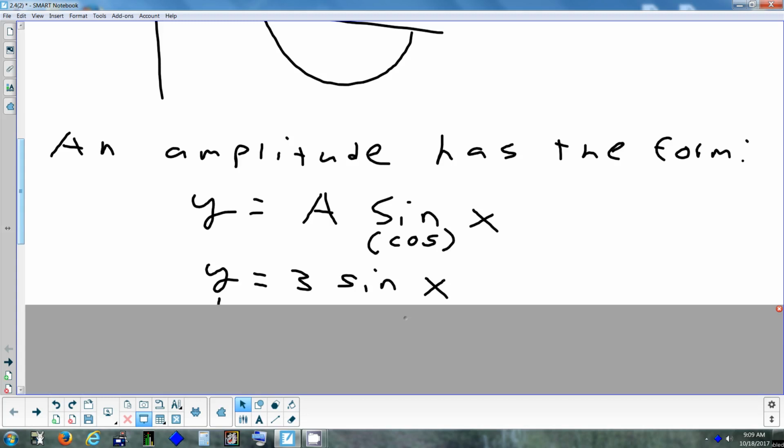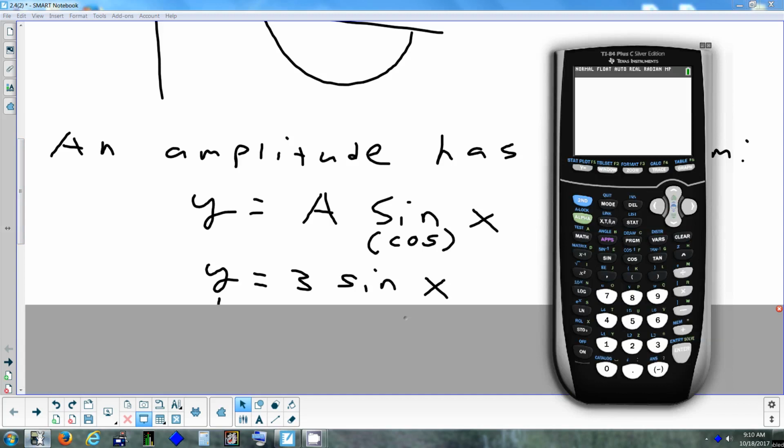So what would that look like visually, or what would that sound like to you? What do you think it would sound like if you took a sound that was represented by sine x and then put a 3 in front of that sound? It would just jump up. How much louder do you think it would get? 3 times that? Yeah, the wave would be 3 times as high and as low as the original. Whether or not that's 3 times louder depends on how we hear things in decibels, which we're not going to get into.